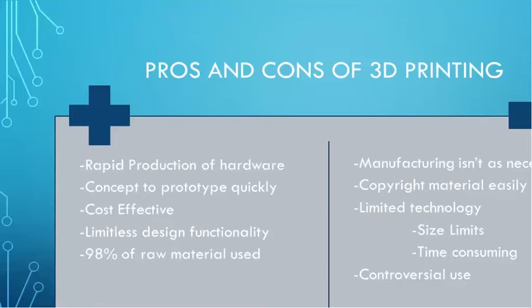So, to the next point, copyright material easily stolen. Remember when I said you can create anything and just print it? That means if I want to create a replica of something and I can't afford to buy it, then I can. I can copy that exact same model. And there's very little anybody can do, because there's no way to trace who made it and when.